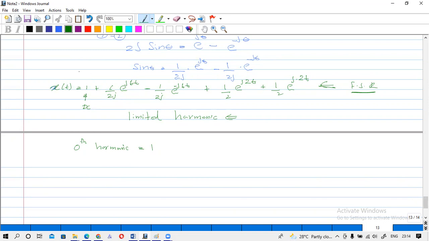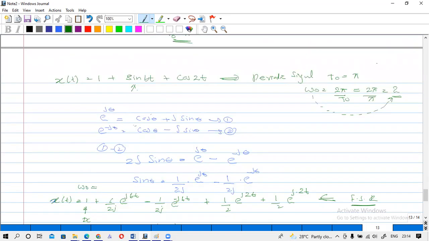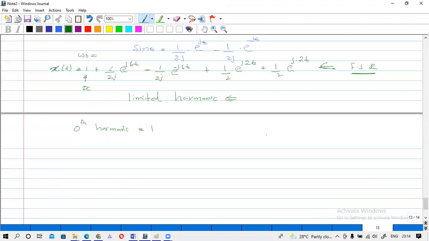So what is omega naught here? Omega naught is 2.